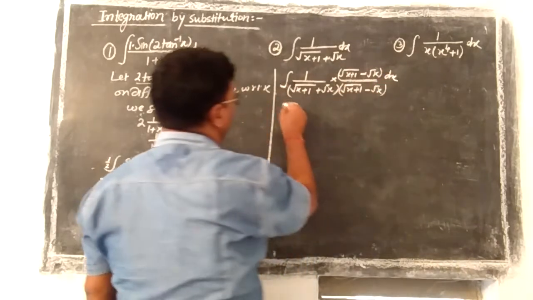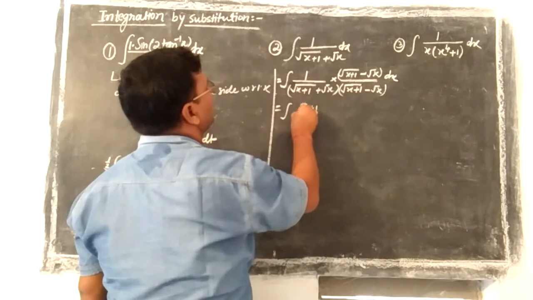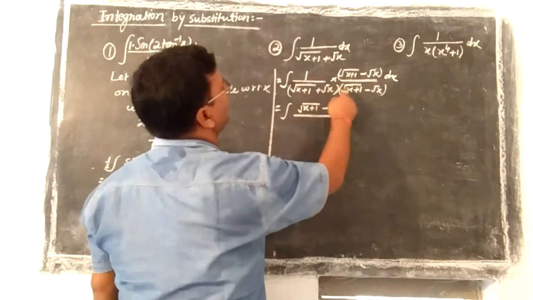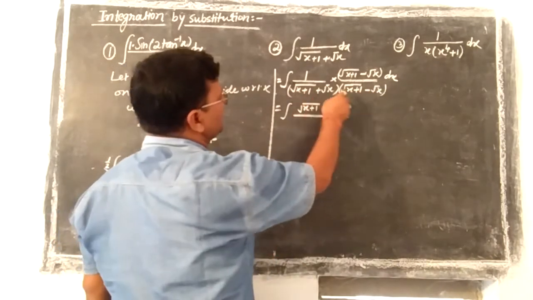dx, and it will be how much? Under root x plus 1 minus under root x upon, here a plus b and a minus b, we use the formula a square minus b square.